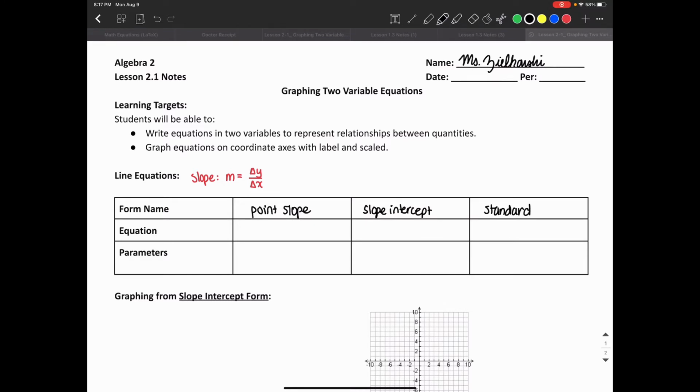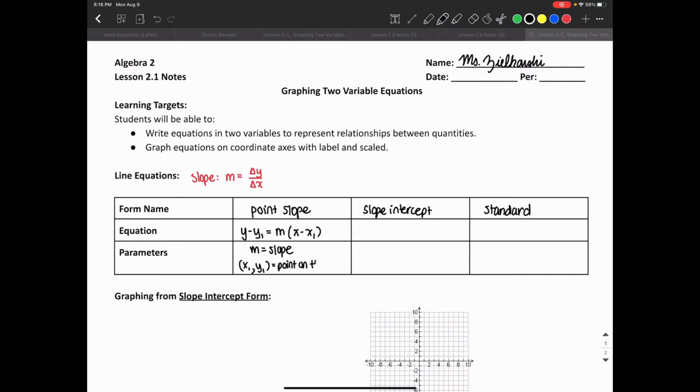Point-slope form is y minus y1 is equal to m times x minus x1, and we'll talk about what those things mean. M, like we set up here, means slope, so m is the slope. And x1 and y1, or x1 comma y1, is just some point on the line.